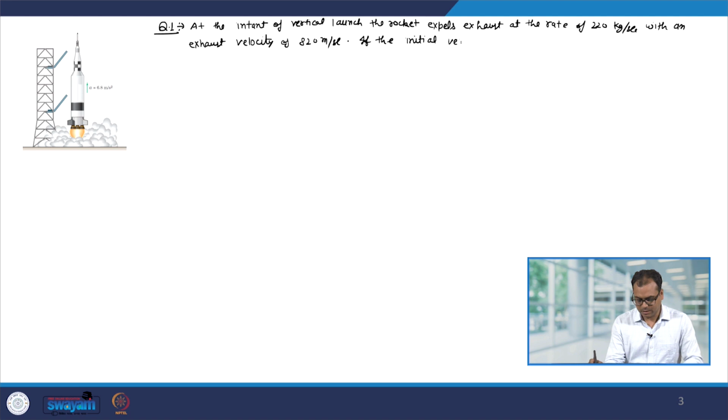If the initial vertical acceleration is 6.80 meter per second square, calculate the total mass of the rocket and fuel at launch.